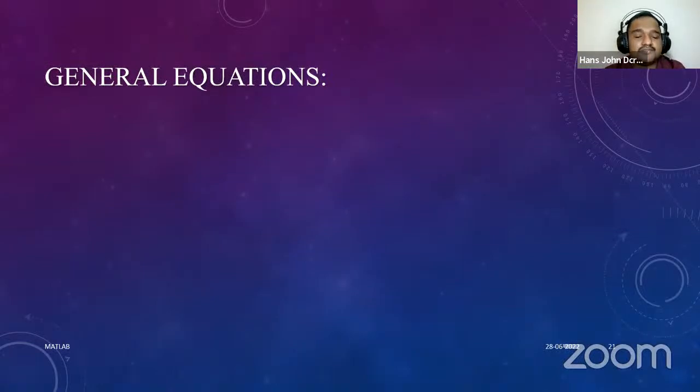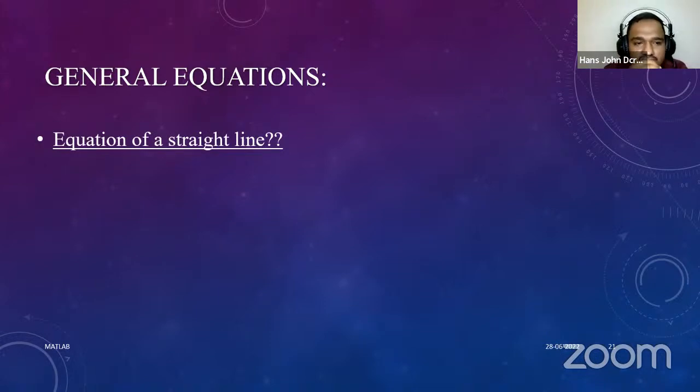Okay. Now let's get to general equations. So equations are something wonderful. So I guess most of you know the equation of a straight line, if I'm right. Yeah. So it is y is equal to mx plus c.